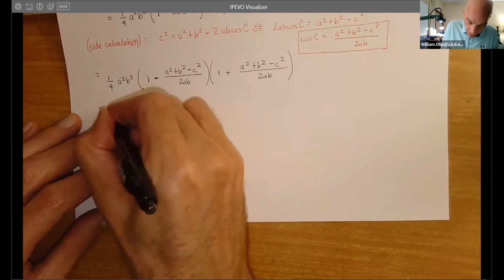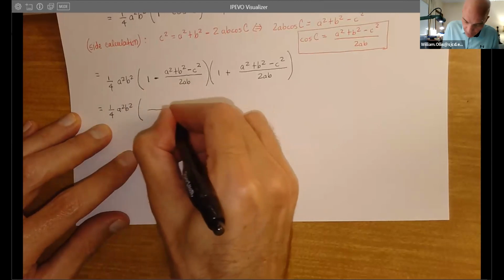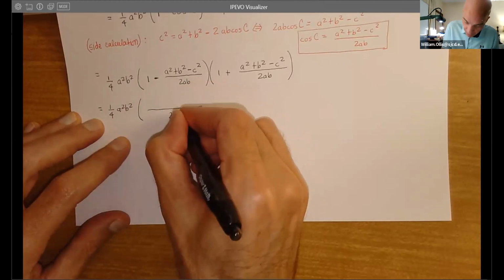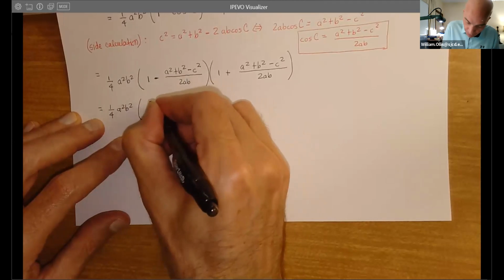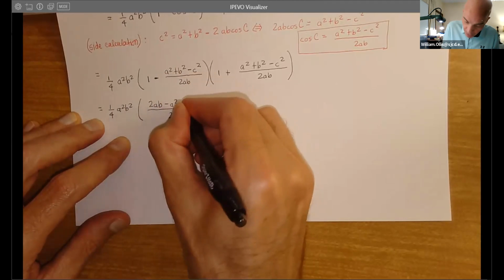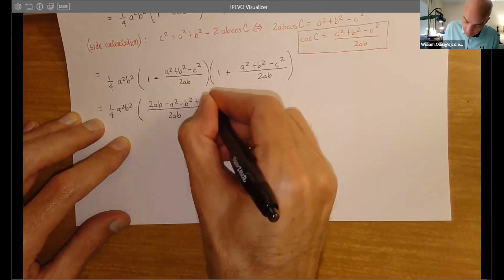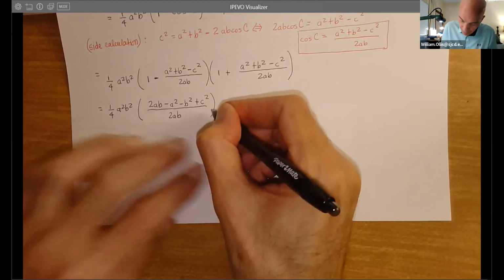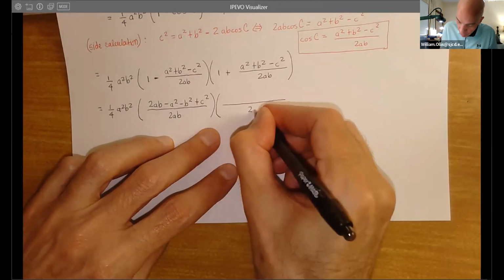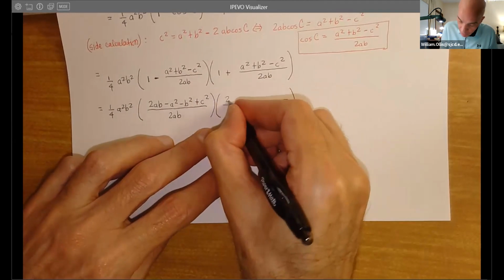So we have 1/4 a squared b squared. So we have 2ab, which will absorb, and the 2 will just multiply there. So this will give us 2ab, distribute the negative sign, minus a squared minus b squared, and then of course minus minus plus c squared. And now here we have 2ab, common denominator again, 2ab.